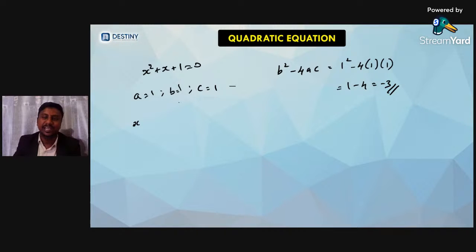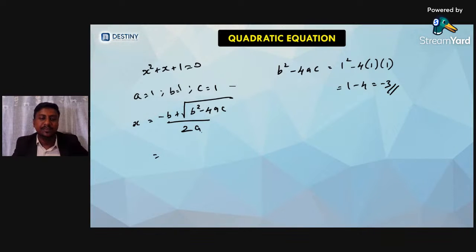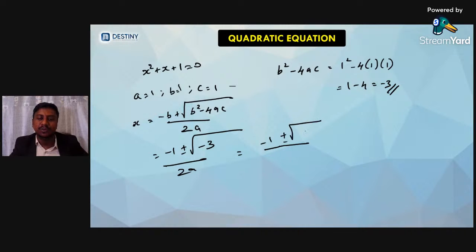So I cannot write it. எழுதியே பார்ப்போமே. So x is equal to minus b plus or minus square root of b square minus 4ac divided by 2a. So minus b என்ன minus 1 plus or minus square root of b square minus 4ac என்ன வந்துச்சு minus 3 divided by 2a. நான் ஏற்கனவே சொல்லியிருந்தேன் மைனஸ் இருந்துச்சுன்னா what we should do, minus 1 into 3.